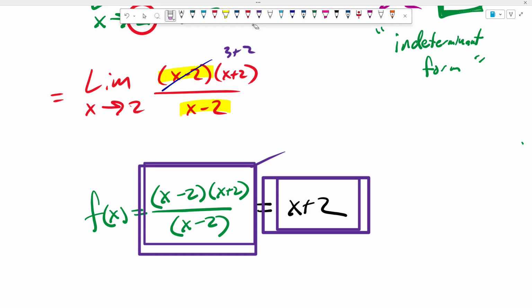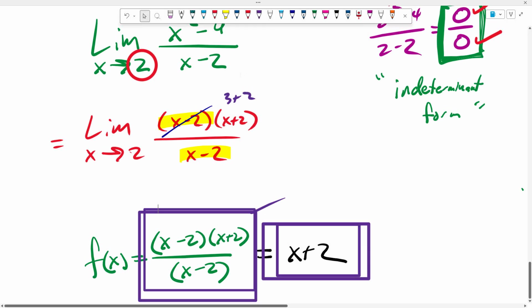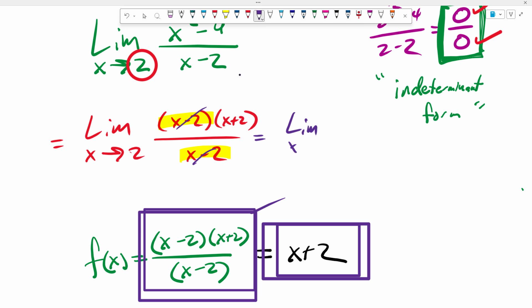So why can we simplify inside limits? We are going to simplify and say that this is the limit as x approaches 2 of x plus 2. The reason we can do that inside of a limit is because when we're approaching 2, we don't care what happens at 2. All we care about is what's happening from the left and from the right.